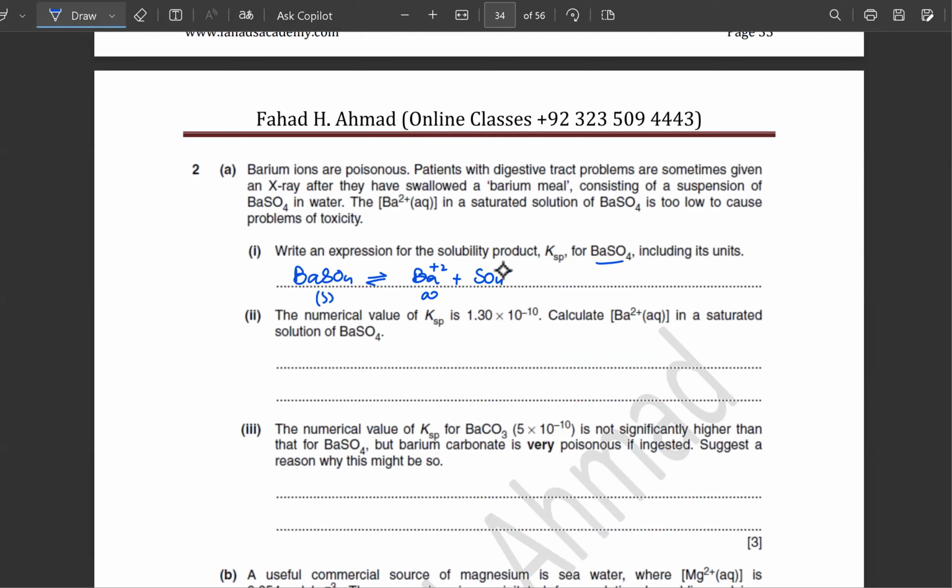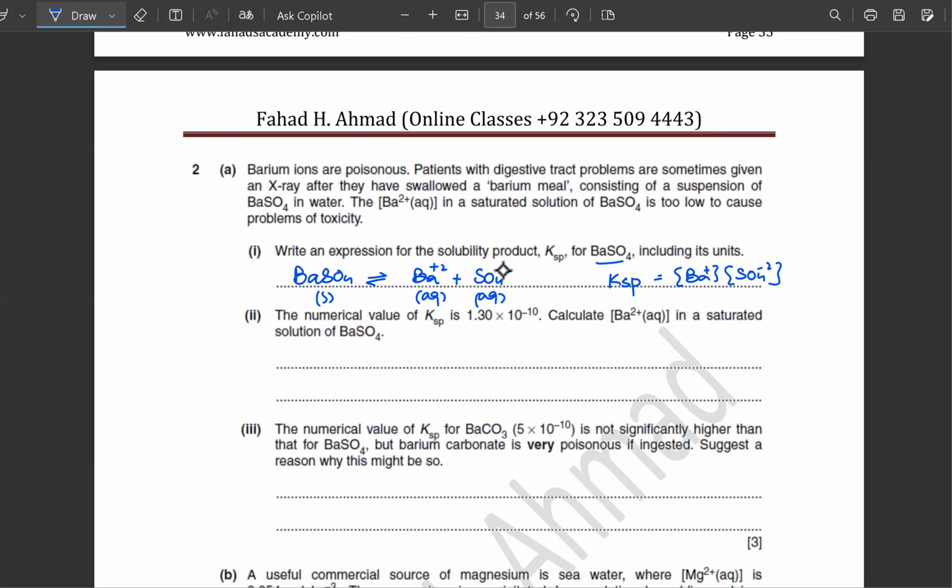And they're both aqueous. So what is your Ksp expression? The Ksp expression would be the concentration of barium ions, the product, and the sulfate ion concentration. That's it. Is this clear?